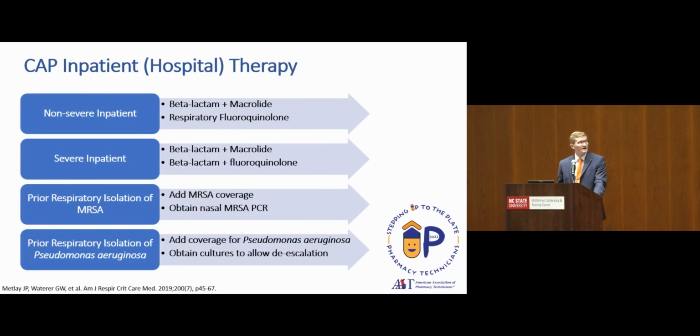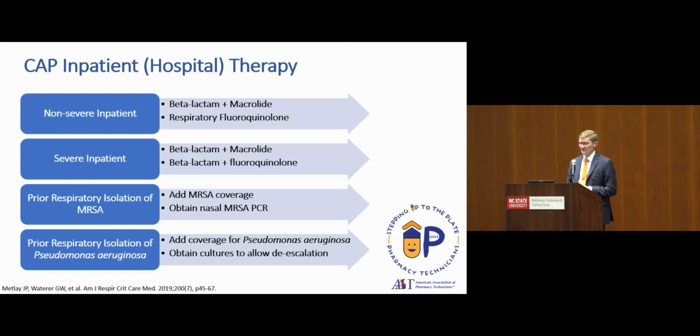All right, and then community-acquired pneumonia inpatient therapy. For a non-severe patient, our go-to most common is going to be ceftriaxone plus azithromycin, so beta-lactam plus a macrolide. We could use a respiratory fluoroquinolone.